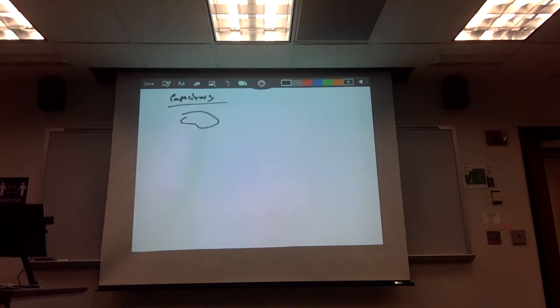Here's conductor number 1, conductor number 2, separated by a spatial distance of d. This is my capacitor. If we plot the charge versus the potential, we find a linear relationship between the two, where the slope is what we call the capacitance. So the charge is equal to the capacitance of the capacitor times the potential, which means the capacitance is the charge divided by the potential.